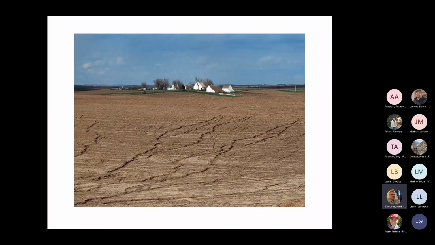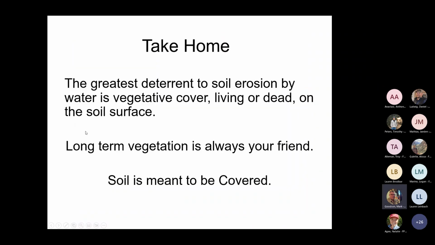Here's what our fields look like after they've been scoured by raindrops. Notice something here about this picture. There's no vegetation, and I want to say something about vegetation. Long-term vegetation is always your friend.